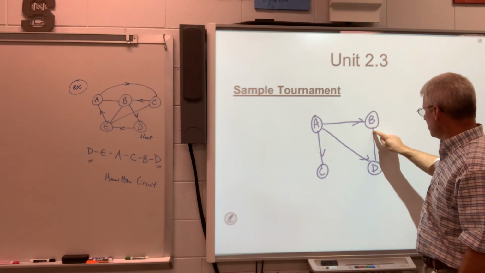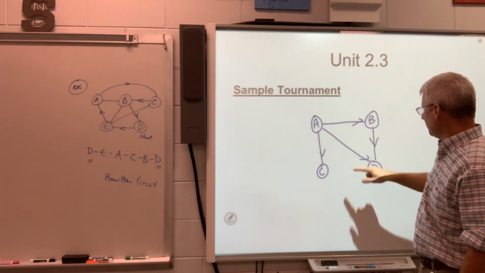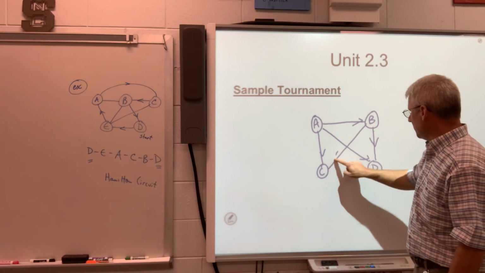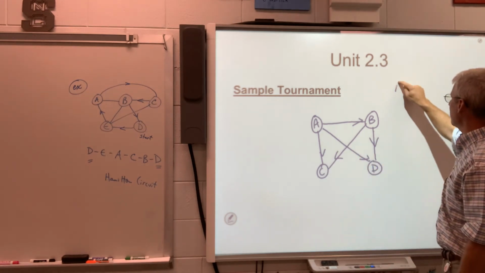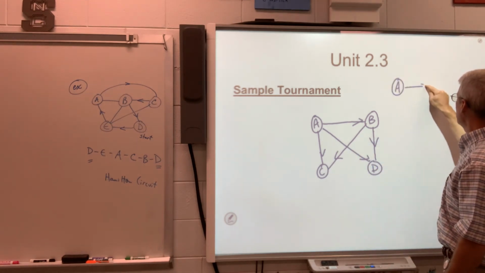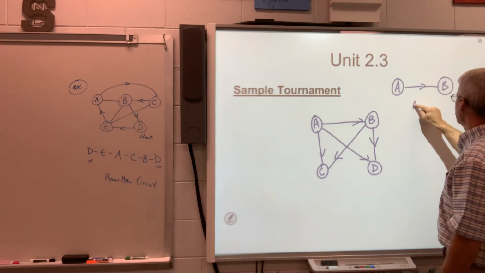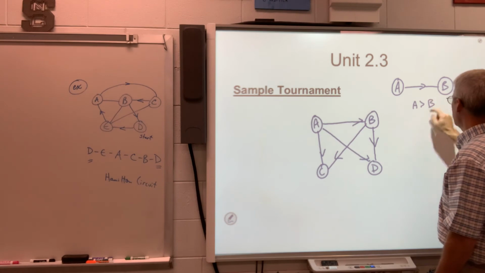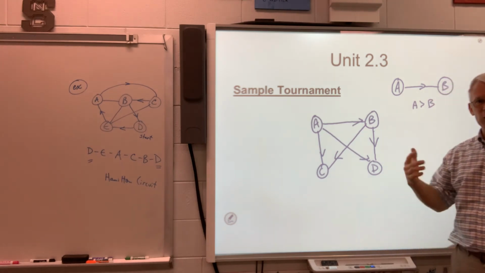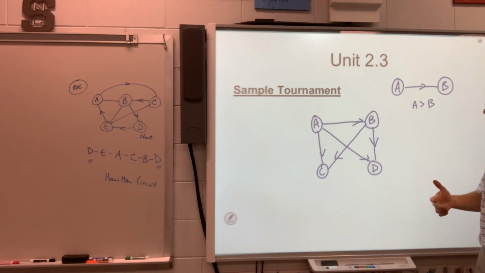B beats D, B beats C. Remember that this is A, and if the arrow is going like this, the way to think of it is that A beat B. That's the way you want to think about what's going on here.